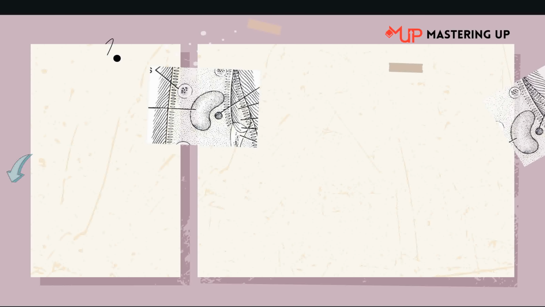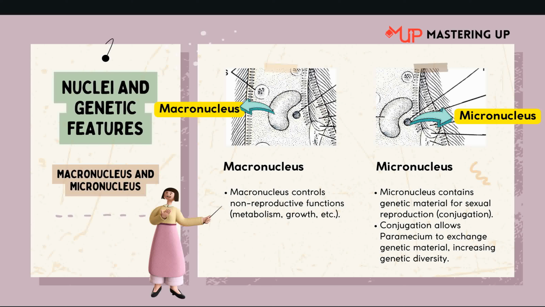Now let's see nuclei and genetic features. In the image shown, you can see a larger bean-shaped structure, which is the macronucleus, and then a small spherical structure closer to the macronucleus, which is the micronucleus.